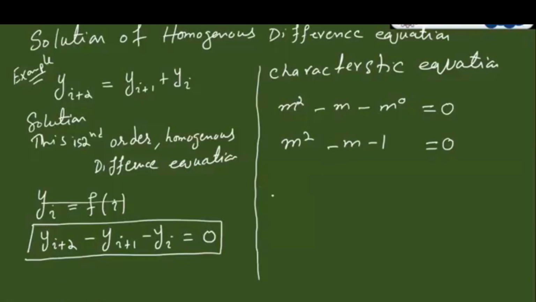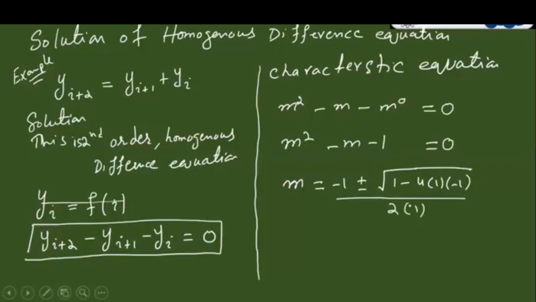So let's apply the quadratic root formula. I don't remember the answer and do not have a calculator at the moment. So there is minus b, that is 1, plus minus square root of b squared, that is 1, minus 4a c. What is a here? It is 1, and c is this quantity with minus sign. Let me recheck.